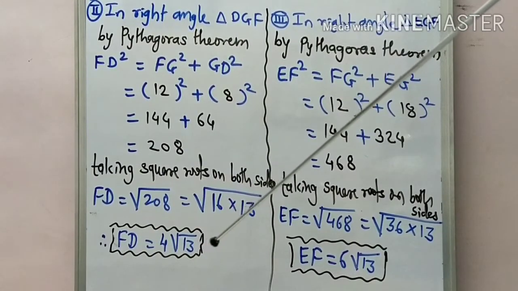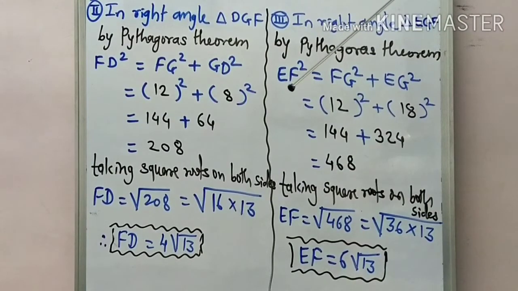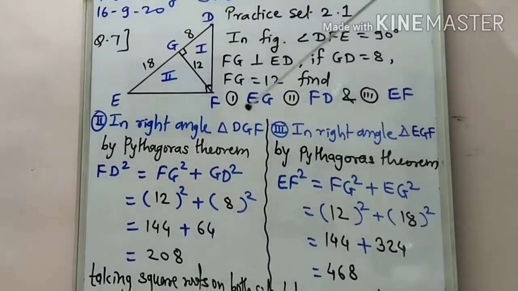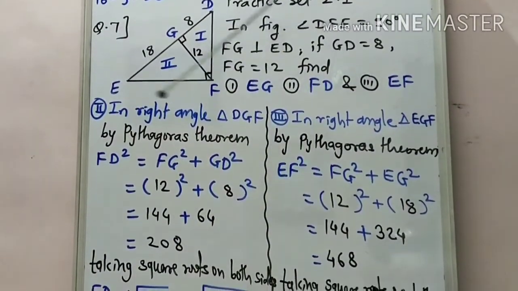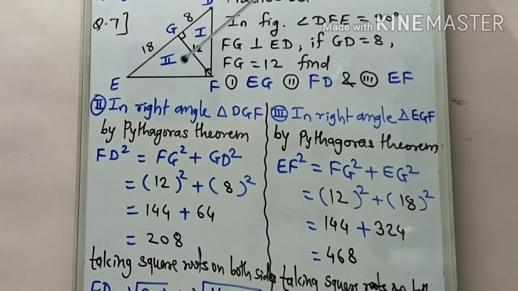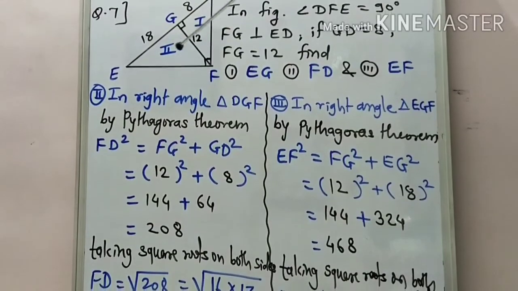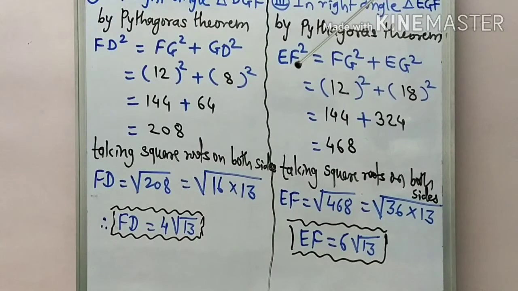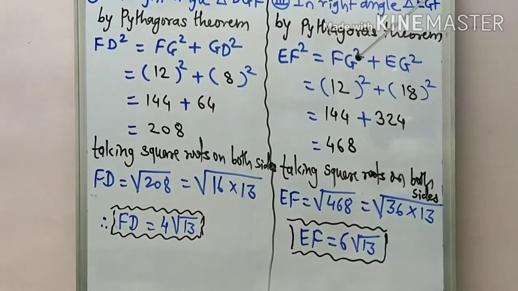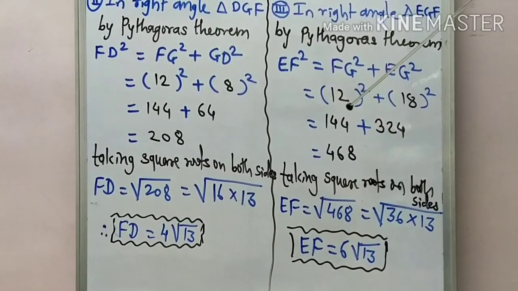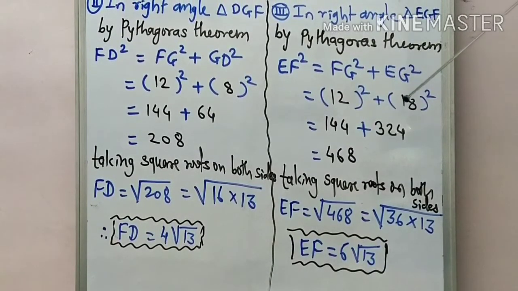Okay, and similarly to find EF we use the same Pythagoras theorem in right angle triangle what? EGF, where EF is the hypotenuse now and FG is 12 and EG we found as 18. So by Pythagoras theorem, square of hypotenuse, means EF square, is equal to FG square plus EG square, and here we substitute those values, FG as 12, EG we found as 18.